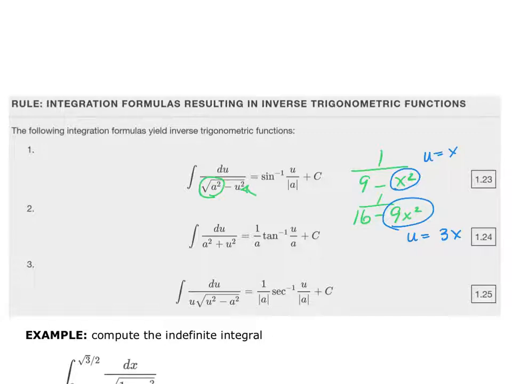So I am looking for a constant minus some number, the square root, or I'm looking for a constant plus some variable or argument squared, or I'm looking for that variable or argument and then the square root, like this form. So I'm looking for those three forms. Now, if those are the three forms I'm looking for, then I may have to do some manipulations to get those three forms. So let's go through some examples.